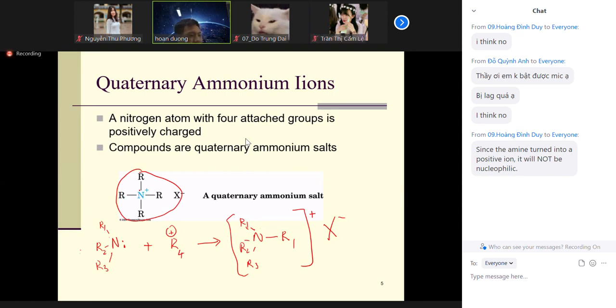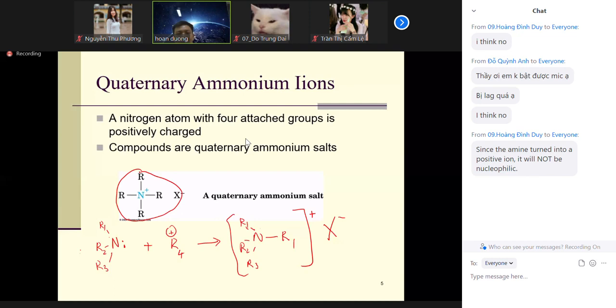So nitrogen now becomes positively charged. That means it no longer has any electron pair there, so it will not give you any basicity, and cannot give you anything relative to the nucleophilic property anymore, because nucleophilicity and basicity depend on the density of electrons on nitrogen.